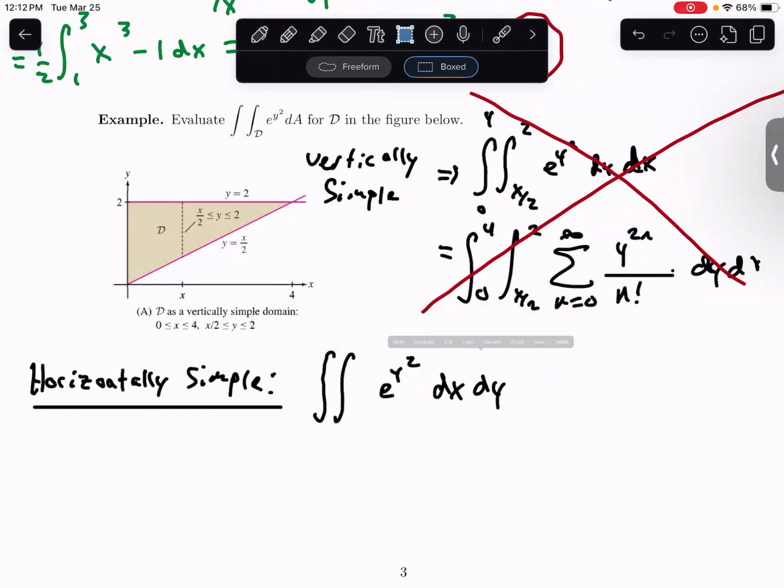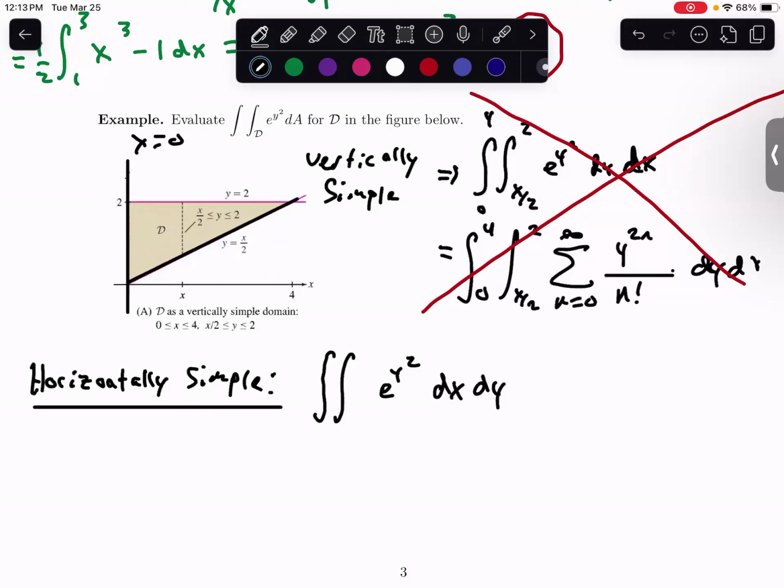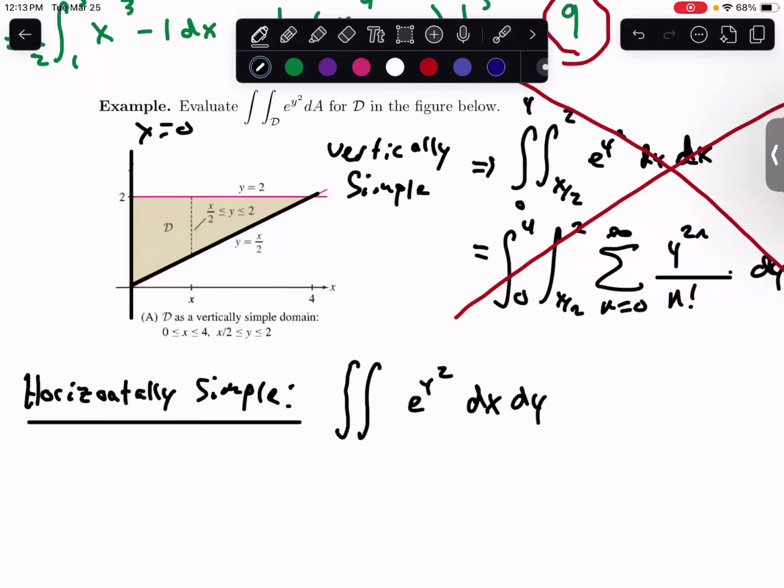And so if we're integrating with respect to x first, our bounds should be functions of y. As I was saying before, the lower bound with respect to x is always given by x equals 0 here. So this is the lower bound. And then the upper bound is always given by y equals x over 2.